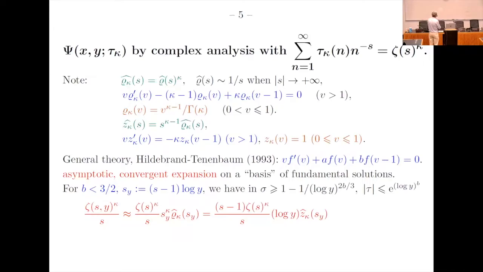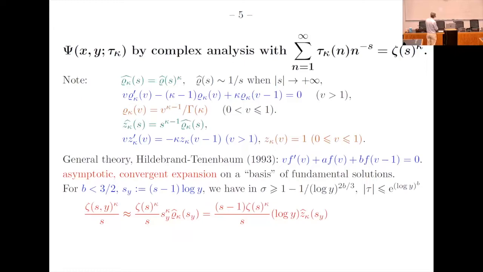Well, if you have such an equation, you know that you can handle the asymptotic of the function by the paper of Hildebrand and Tenenbaum. I will approximate this term using the previous estimate. So I will write it as this.